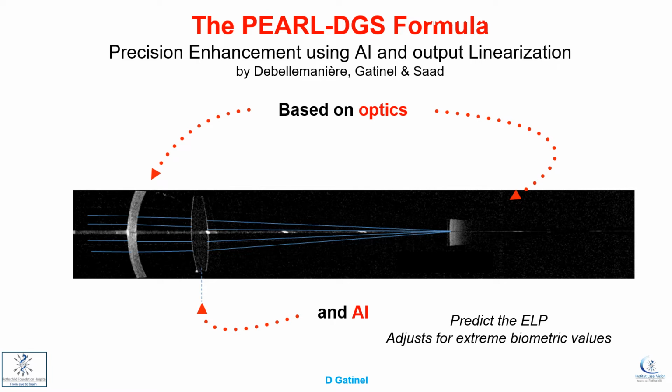The Pearl DGS formula is a so-called hybrid formula because it relies on an optical computational core but uses artificial intelligence for the prediction of the position of the IOL, which is considered as a thick lens, which makes it possible to take into account the design differences between the IOLs.